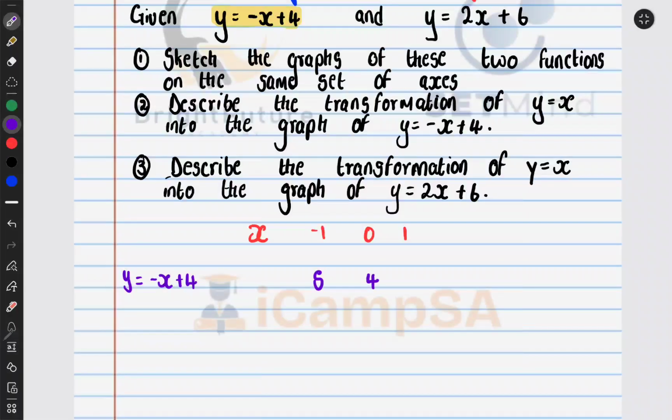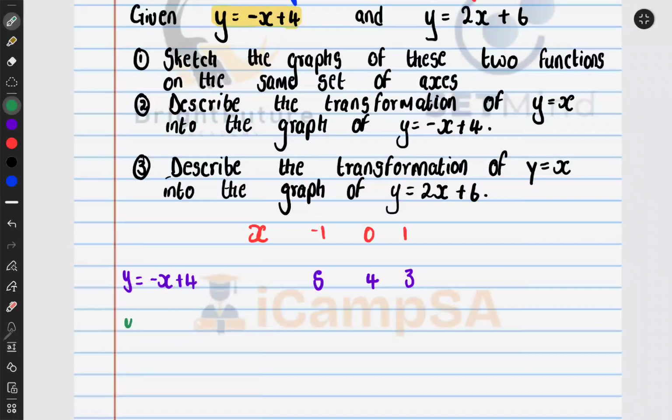So to get these y values, we simply have to substitute the x values that we have here into the equation and find the corresponding y values. I hope that is not confusing anyone. And then for 1, it's going to be -1 plus 4, which is going to be 3. So those are the corresponding values for the first function.